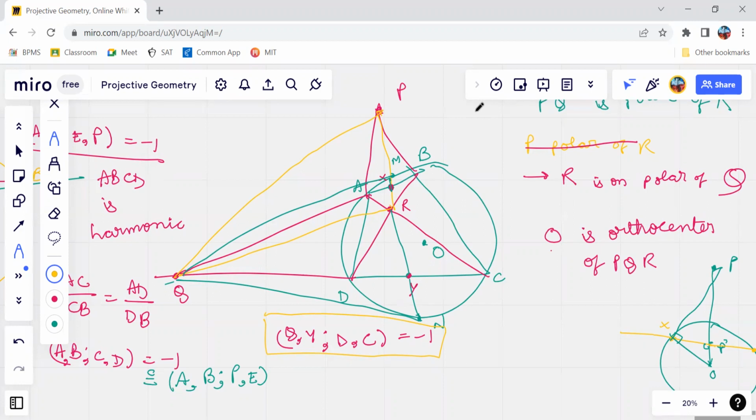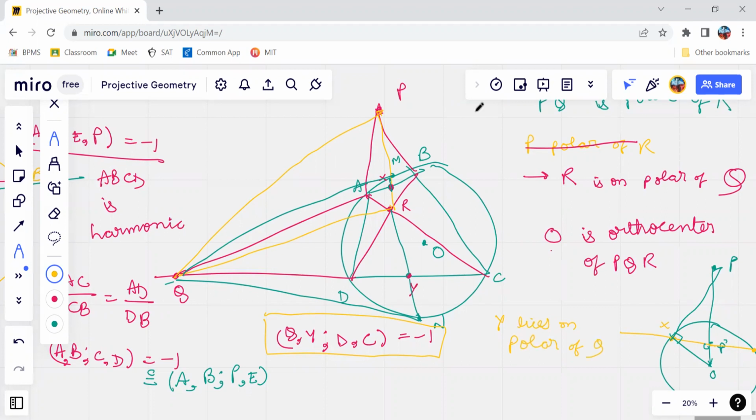By what we just proved, you can say that ABCD is a harmonic quadrilateral. No, Q is the intersection of those tangents. If you continue XY, then M and N lie on that XY. So we can just instead say that Y lies on the polar of Q.